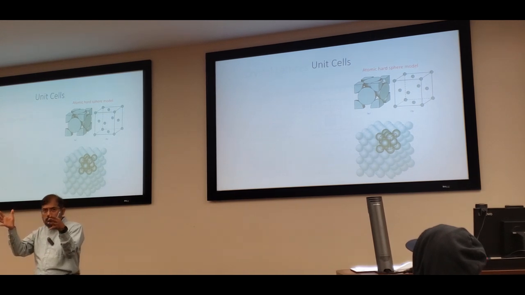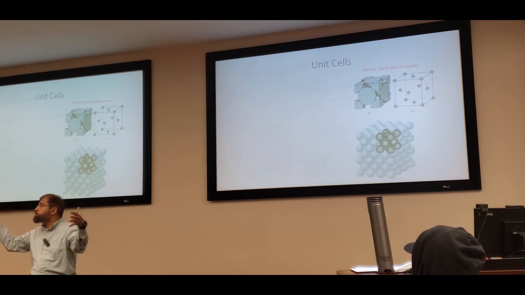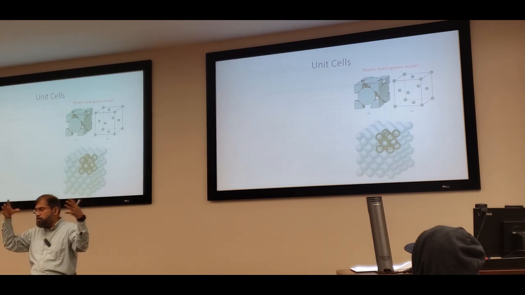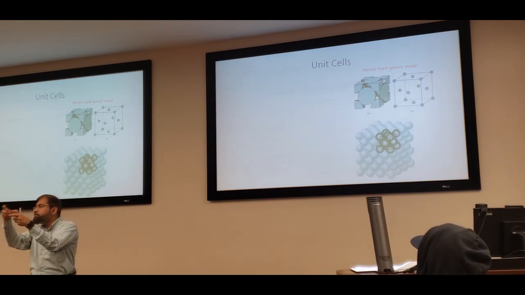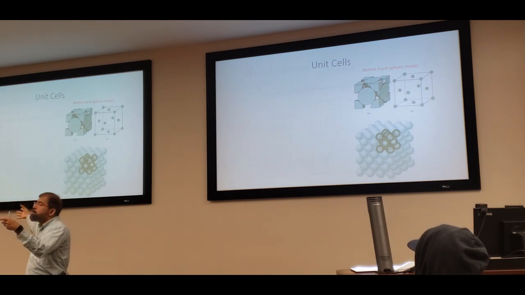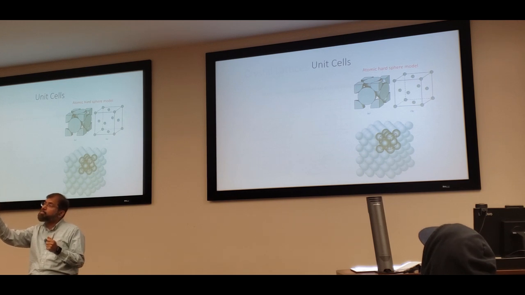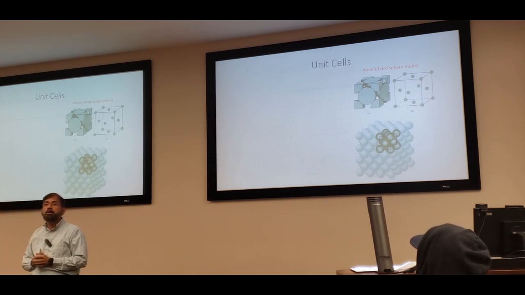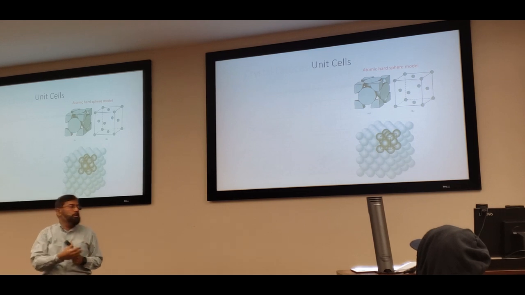When you look at the atoms inside the crystals, you can see a very good arrangement of these atoms, close packing. And if you look at this close packing, you can see a certain pattern that repeats over and over again throughout the crystal. The single unit of that pattern is called a unit cell.